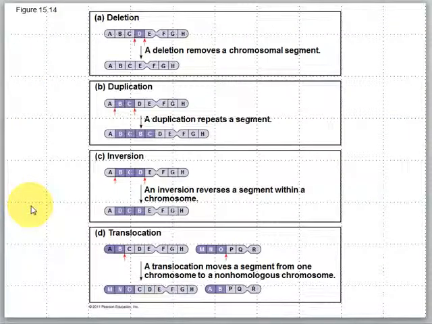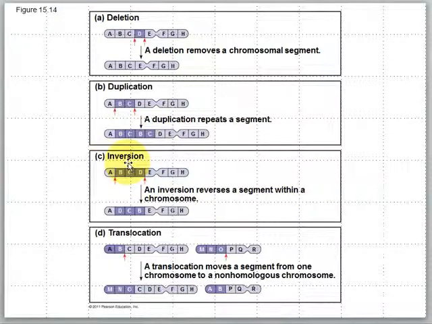Great illustration in your textbook here about some of the different possibilities. So you have deletion, where a portion is removed, a portion of that chromosome gets lost. So here you see the D portion of the chromosome has been deleted. Then you have duplication. Duplication is where there's a repeat. So see the BC region was duplicated in this chromosome.